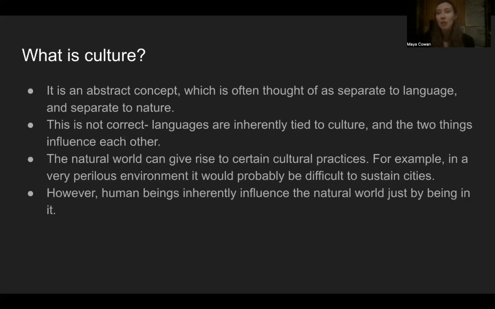concepts. The natural world is also sometimes opposed to culture. And you may have heard certain narratives where people will say that the natural world gives rise to certain cultural practices, or that it's our culture that's doing this to nature, or that our nature is changing and that will change our culture in some way.